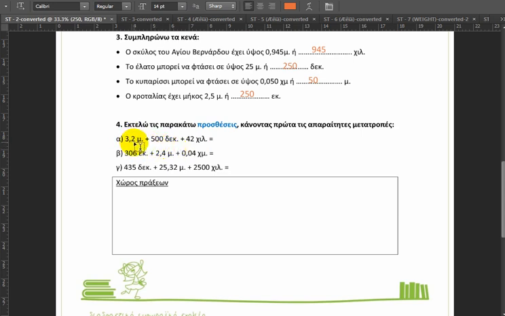I would multiply this by 1,000, so let's do A. If I multiply the first one by 1,000, I would get 3,200, plus the second one, because it's decimeters, needs to be multiplied by 100, so I would get 50,000.